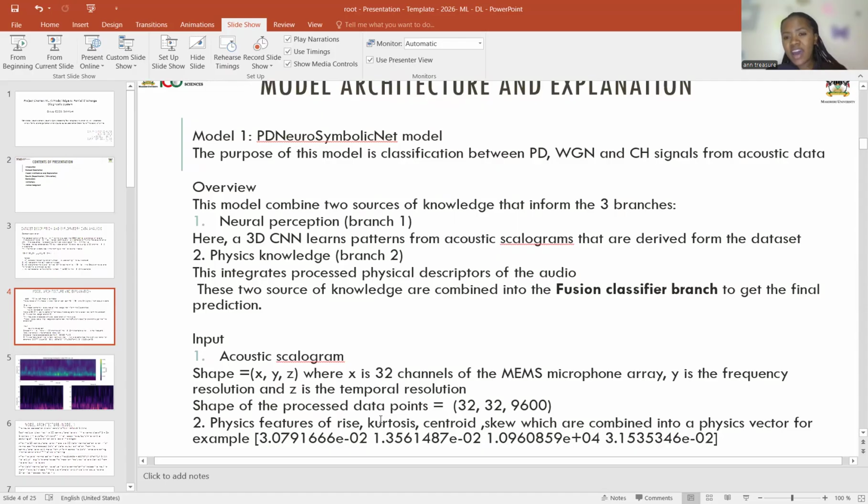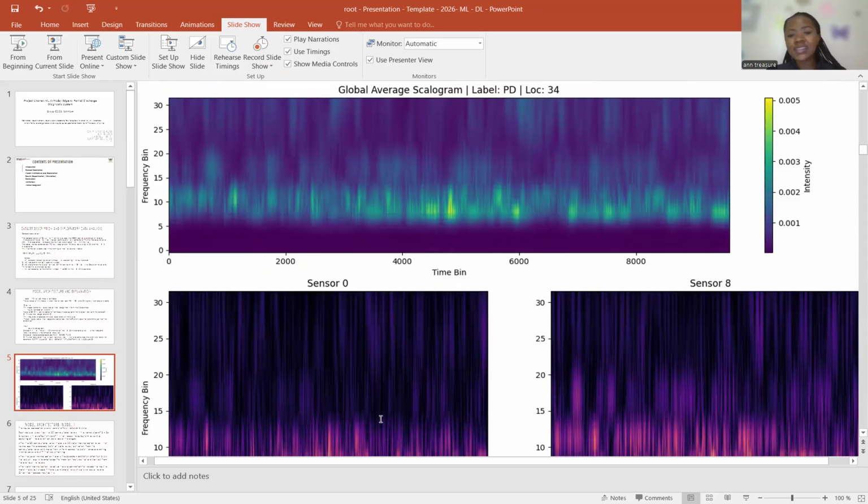The centroid is where the energy is most concentrated, and the skew represents the shape of the waveform of the different audio signals. These were calculated for each file, and then they were stored in a physics vector that was fed into our model. This is an example of how a scalogram looks like. This was the image that was fed into the CNN that we trained.